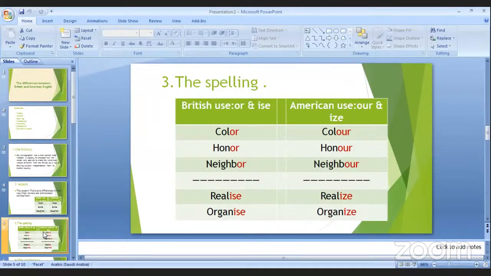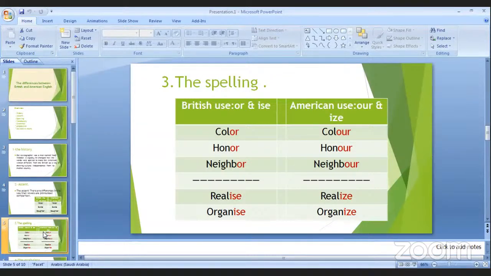Okay, so accent is one difference, but there are some more frustrating differences like spelling. The spelling of words that end in OUR in British English. So think about the words.